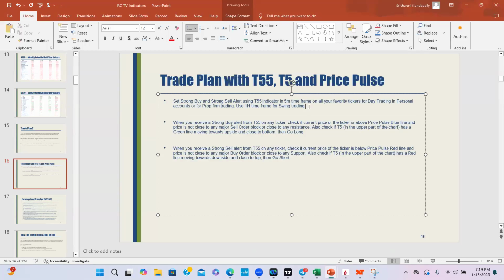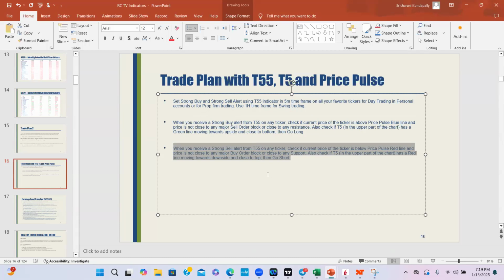So first thing is you are setting the alert. Whenever you receive a strong buy, you are checking that, okay, is it looking good? Is my T5 green? Is my price pulse blue? Am I close to any resistance or not? In the same way, whenever you receive a strong sell alert, you are checking whether both the lines are red.